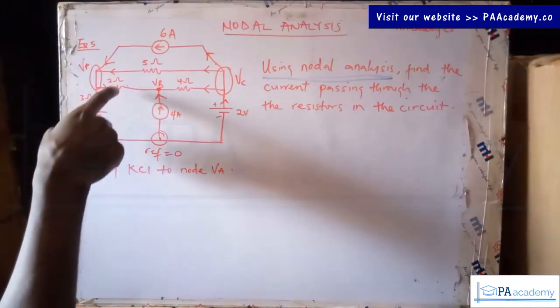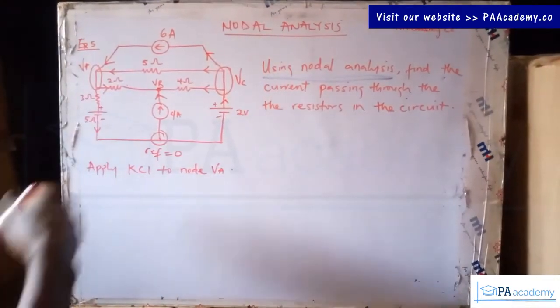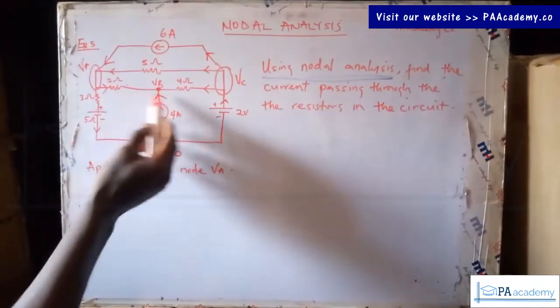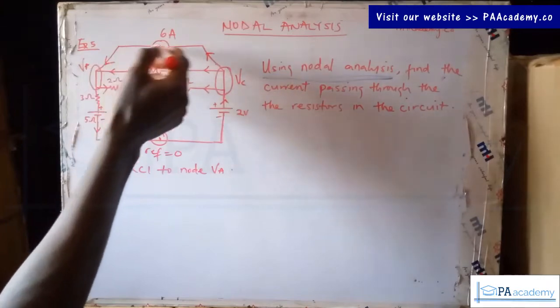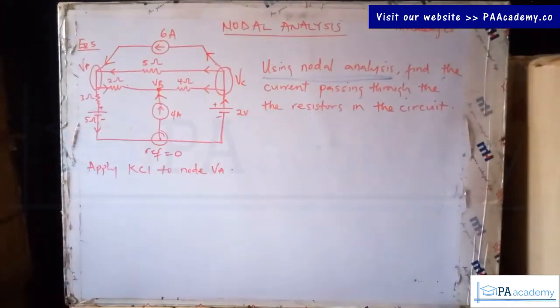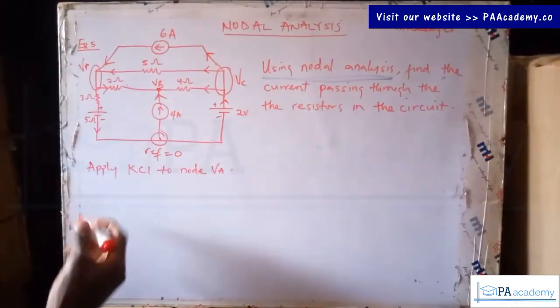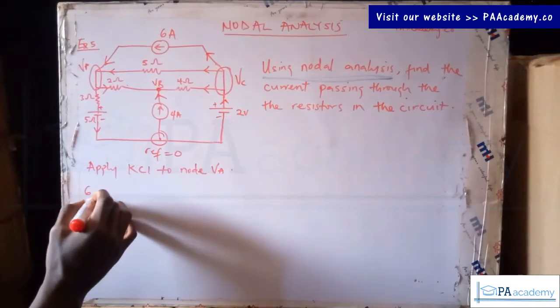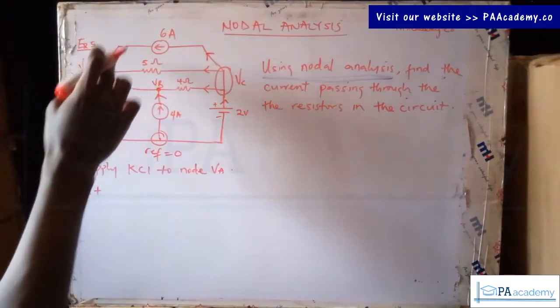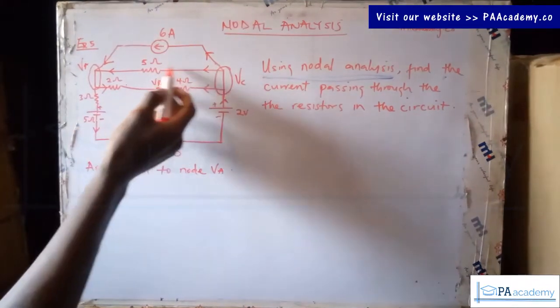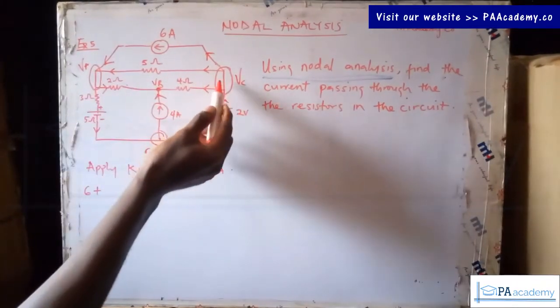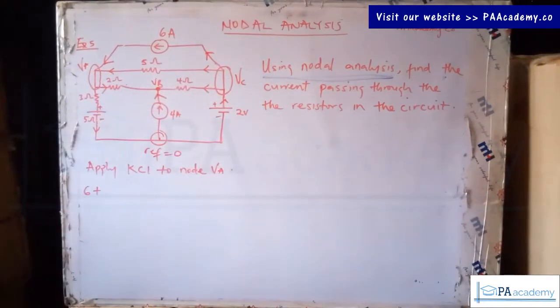We have this going into VA, this going into VA, and this one going out. So the one that is going into VA is this. We already have the value of the current itself, 6, so we can just write it straight away. That will be 6, then plus. So that's sorted out for this. Then the next one that is going into it is from here to here. So it's coming from this node VC in this direction towards VA.